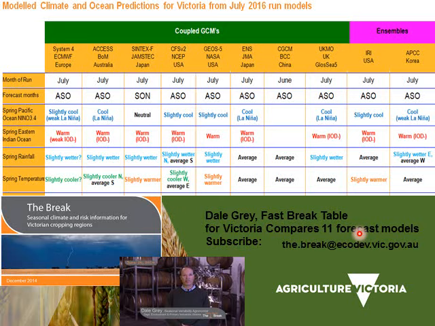the next 3 months. And one of the things that's in the newsletter is actually this table, and it's basically looking at the different seasonal forecast models from across the world. This is the European model, that's the Bureau of Meteorology's Australian model, Japanese, US, NASA.